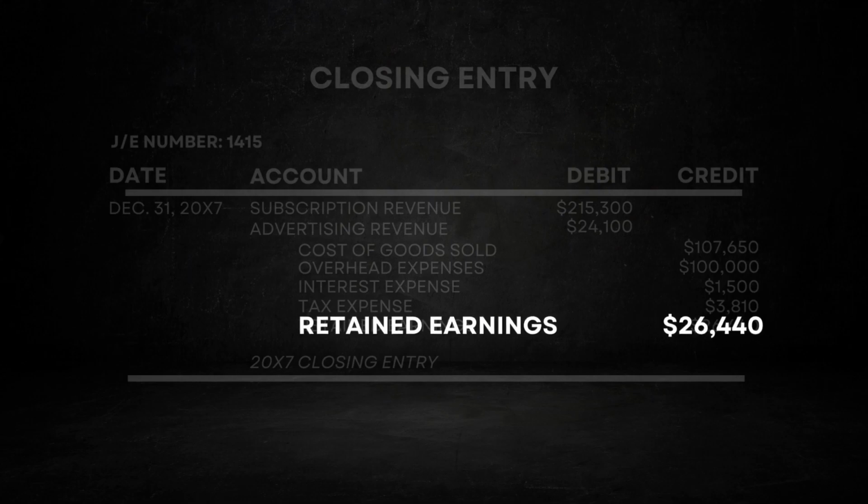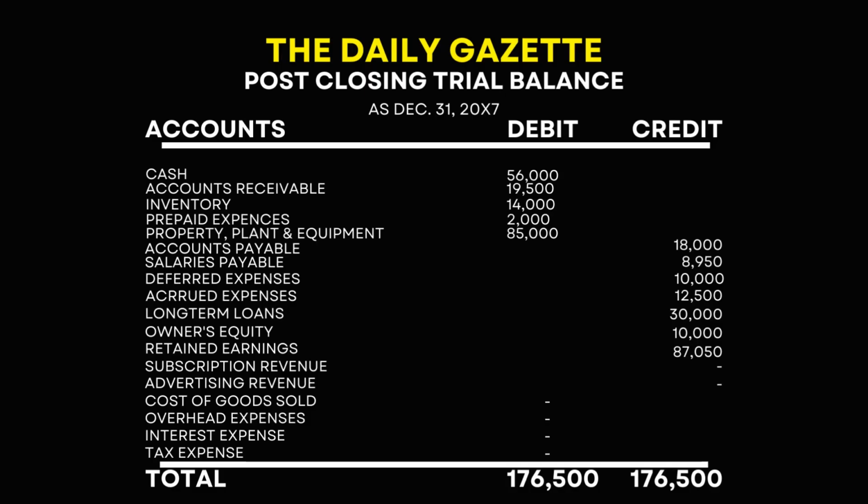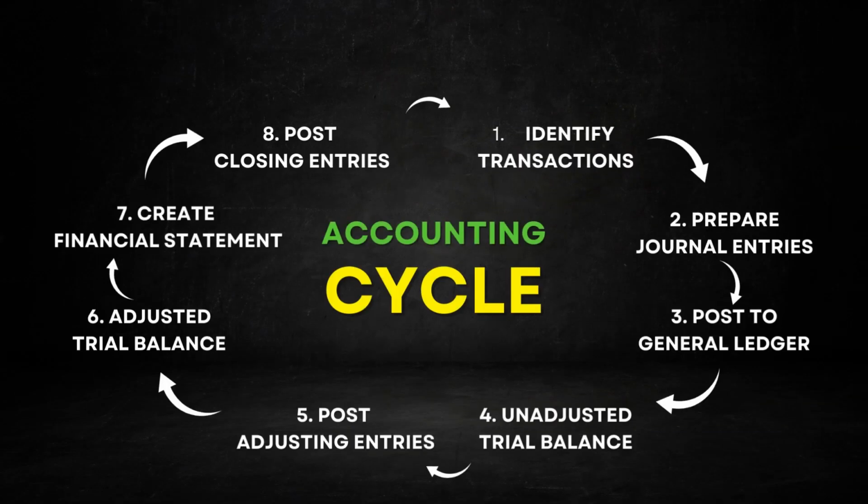This represents the profits being retained for future use. Looking at the post-closing trial balance, you will see that revenue and expense accounts have been reset to 0, preparing your books for the new year. These steps collectively form the accounting cycle, which involves identifying, recording, summarizing, and analyzing financial transactions, ultimately resulting in the preparation of financial statements.